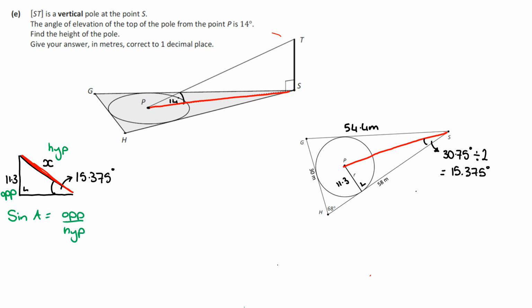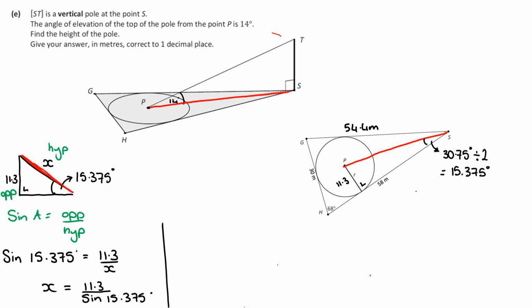And that gives me a little formula that is the sine of 15.375 degrees equals 11.3 over X. Rearranging that is 11.3 divided by sine of 15.375 degrees, and that gives us X equals 42.619 meters.